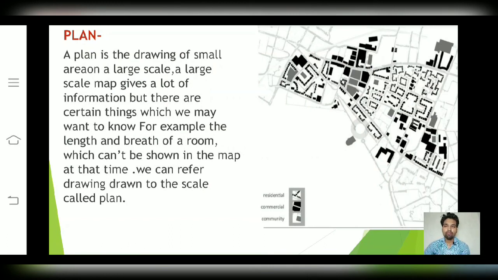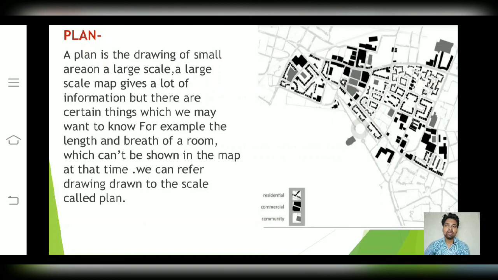Here we are not able to show the length and breadth of a room or a small piece of land on the map. So in this situation, the map we use shows only the presence of objects at their actual place, and if this kind of method is used, it is called a plan.